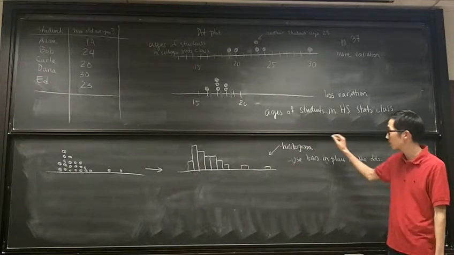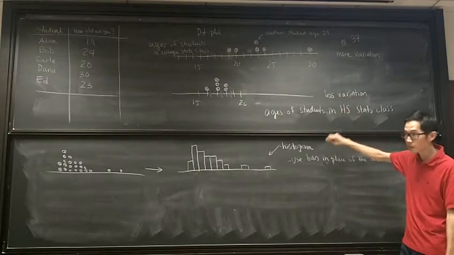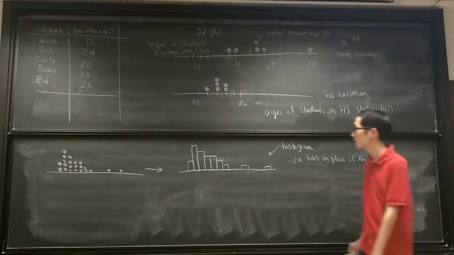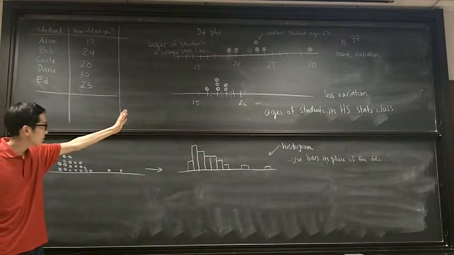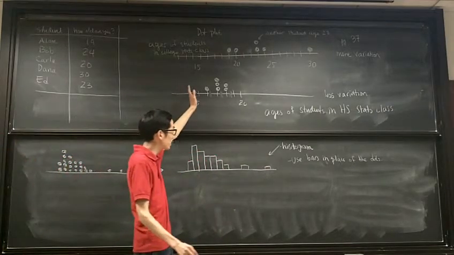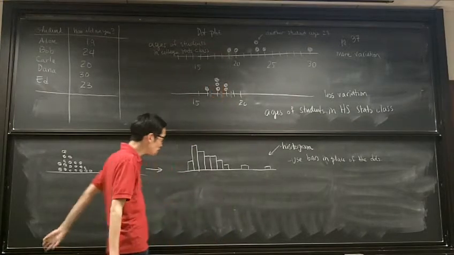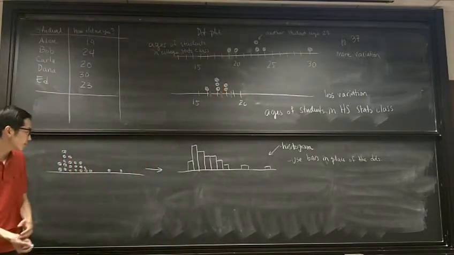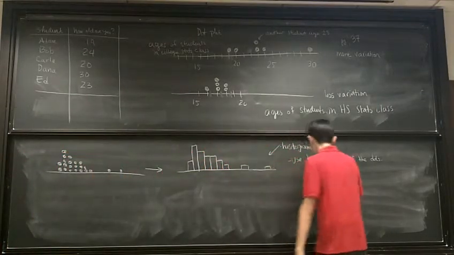Histograms are for numeric data. What about dot plots? Numeric data. So both of these are only for numeric data because we basically have a number line and it tells us how many years or how much, how old are you, and so this stuff is used for numeric data.